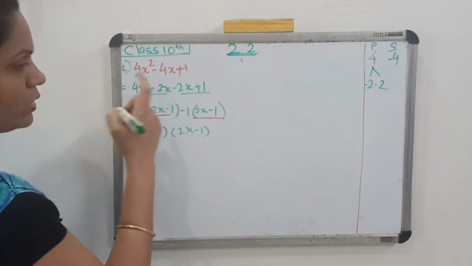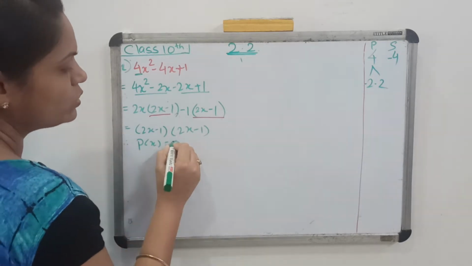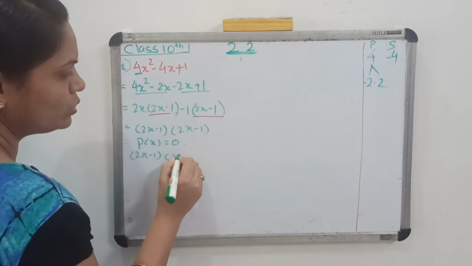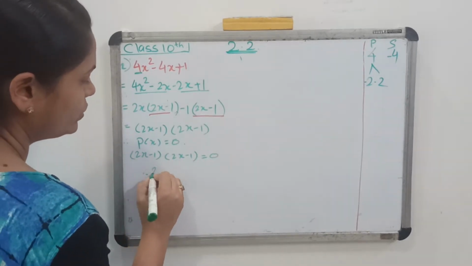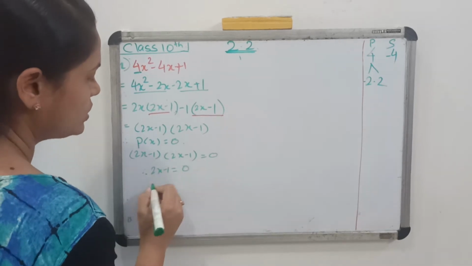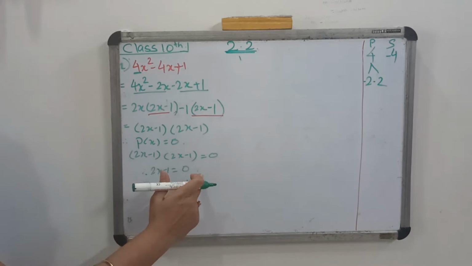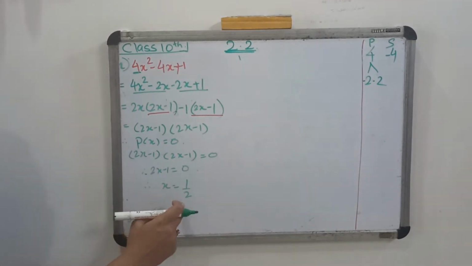Therefore, for finding the roots, we will take p of x is equals to 0. That is 2x minus 1 into 2x minus 1 is equals to 0. Therefore, 2x minus 1 is equals to 0. Minus 1 will go there as plus 1, and 2 will go by division, so x is equals to half.